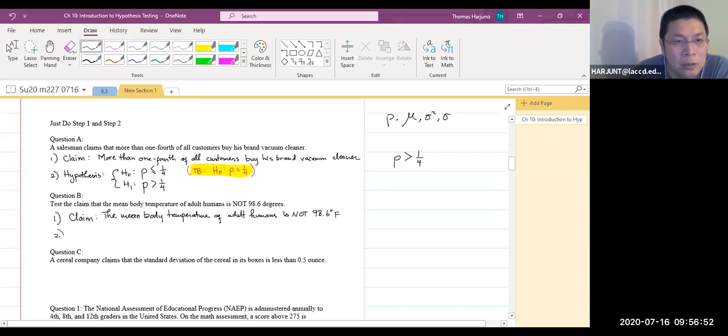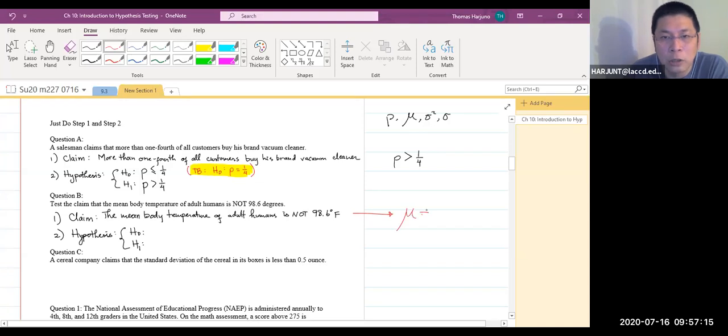Then step 2, hypothesis: null hypothesis, alternate hypothesis. From the claim, we see that the mean body temperature, that's about mu, is not 98.6 degrees Fahrenheit. So I put it in the alternate hypothesis, right?